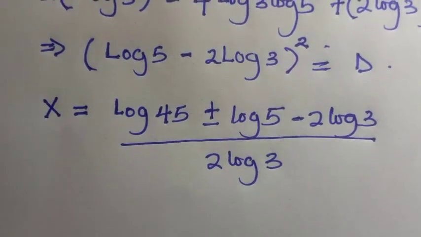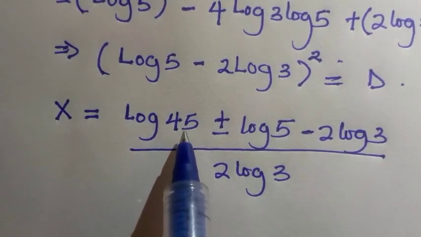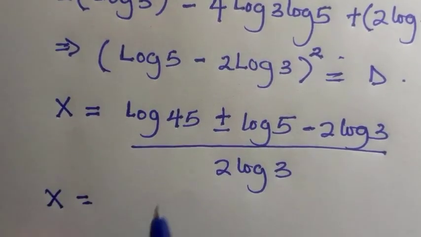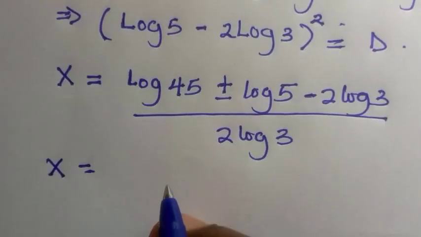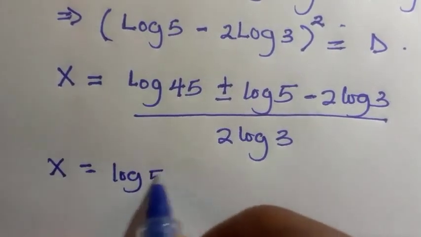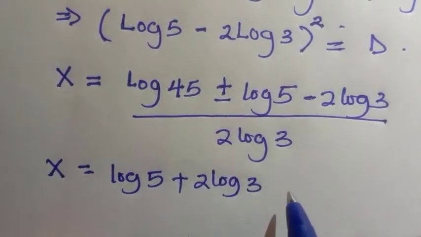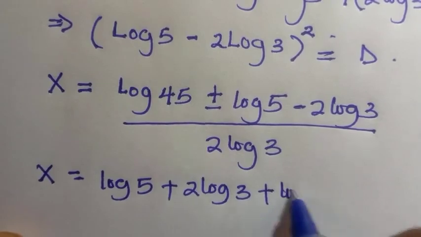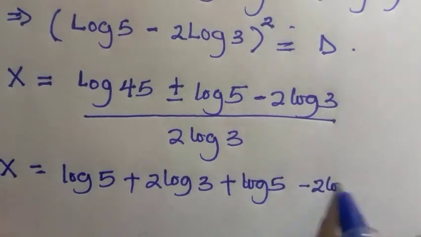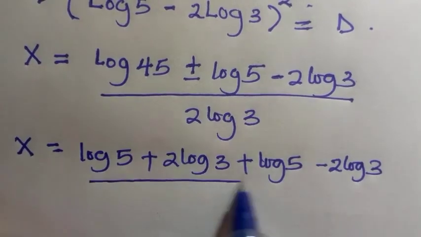Let's take the plus first, and we can rewrite log 45 as log 5 plus 2 log 3. Therefore, we are going to have log 5 plus 2 log 3 plus log 5 minus 2 log 3, divided by 2 log 3.